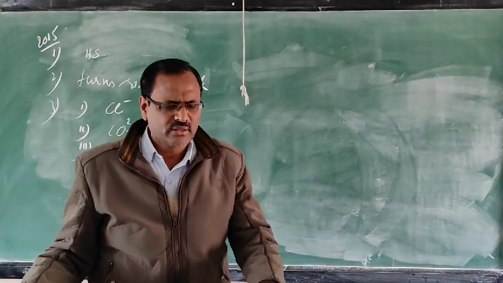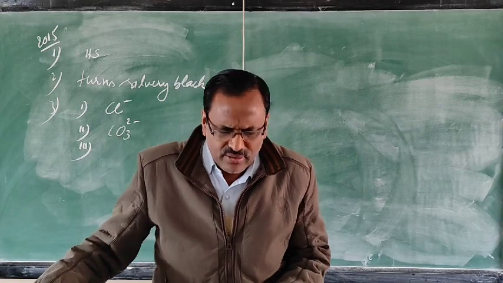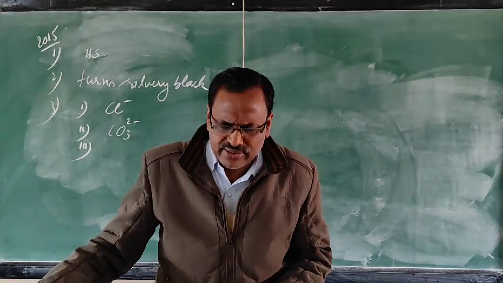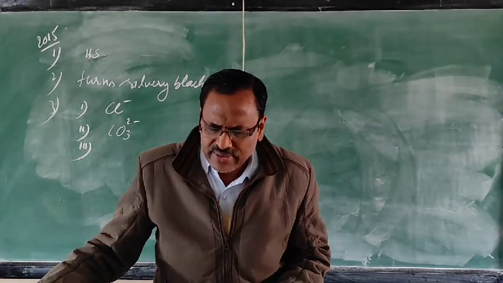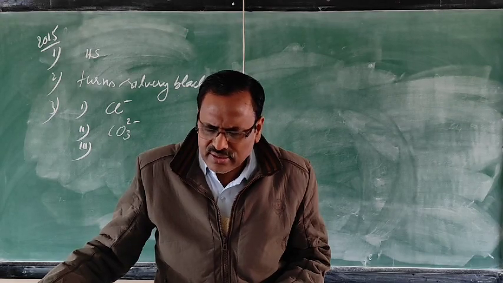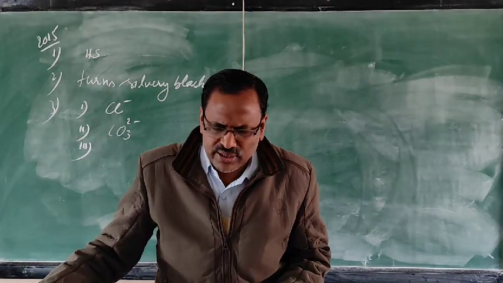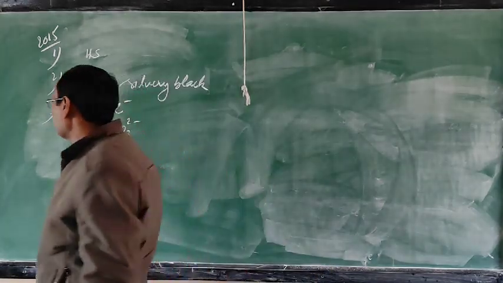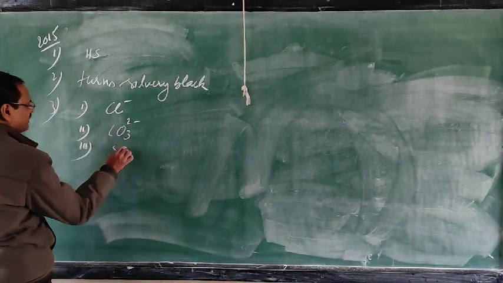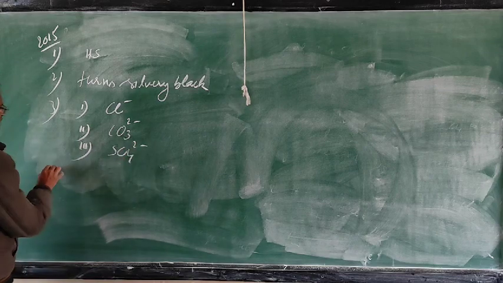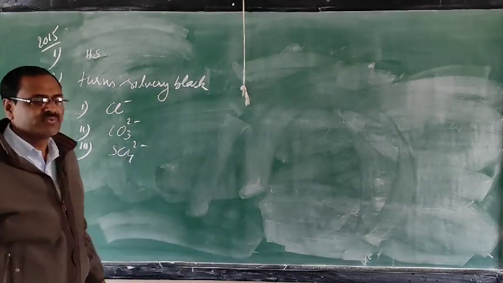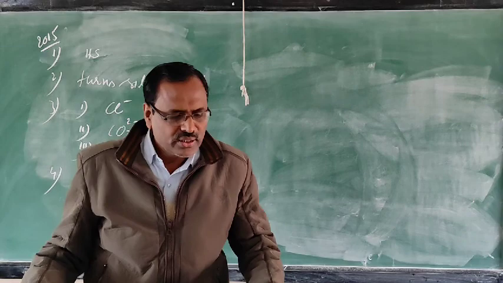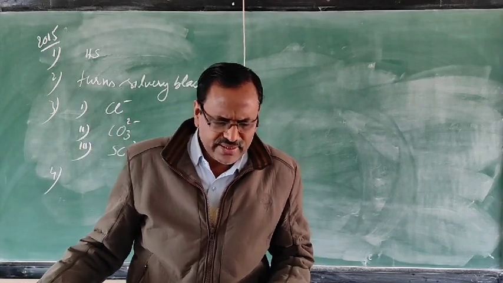Then the third one: when barium chloride solution is added to salt C, a white precipitate is formed, insoluble in dilute HCl. Barium chloride means sulfate, because barium chloride is used for testing sulfate. So this is sulfate.